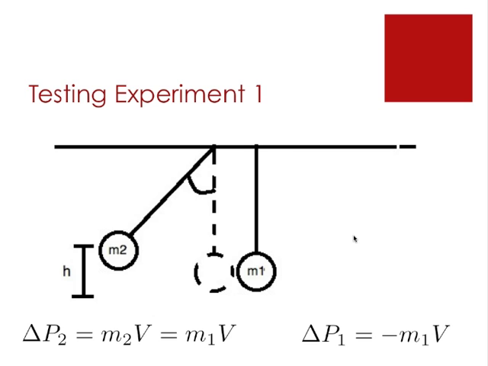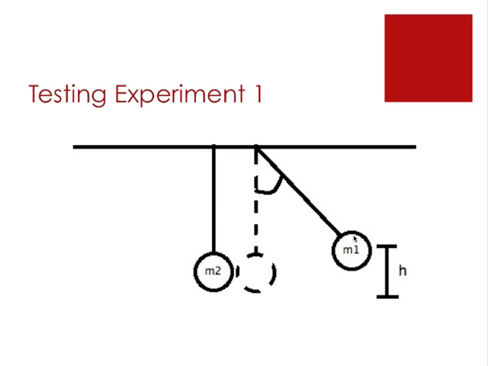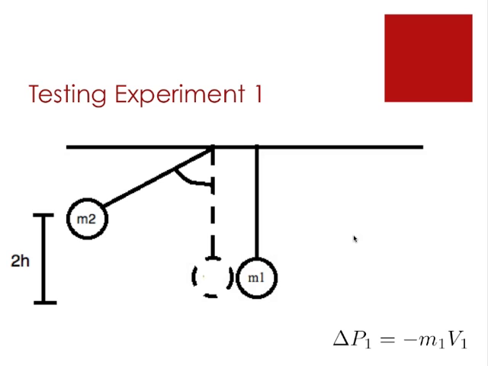But we can also consider another pendulum experiment in which mass 1 is twice as heavy as mass 2. So once again, we extend mass 1 up to a height of h, and then release the ball, and it strikes mass 2.